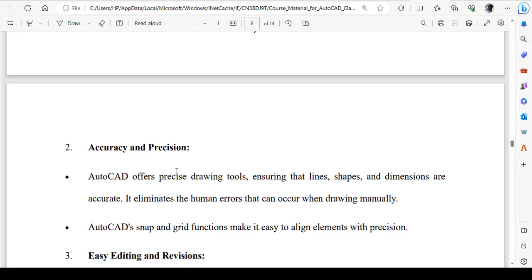Maybe the ink of your pen might smudge your paper, or due to your ruler you can add an inch to your existing plan. So there are a lot of errors that come with manual tools. However, with AutoCAD, these errors are not there. AutoCAD snap and grid functions make it easy to align with precision. We'll see those tools as we proceed in the class.